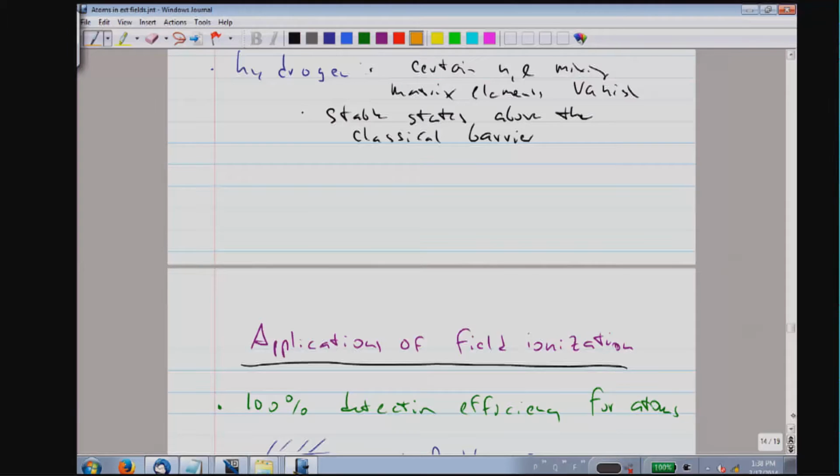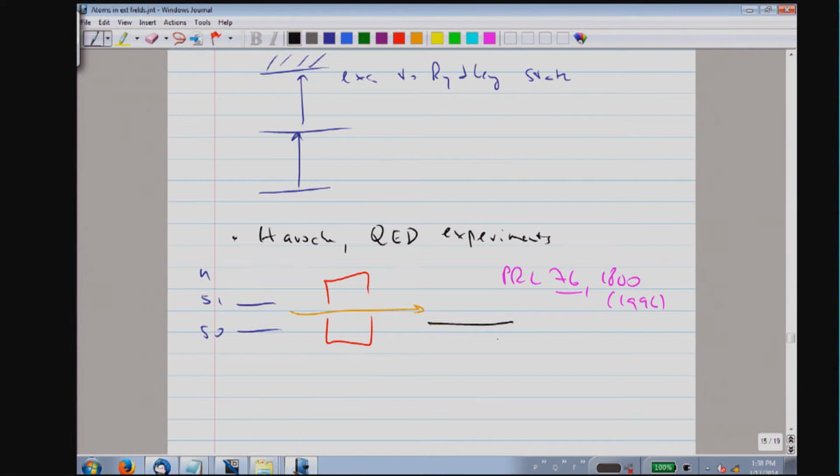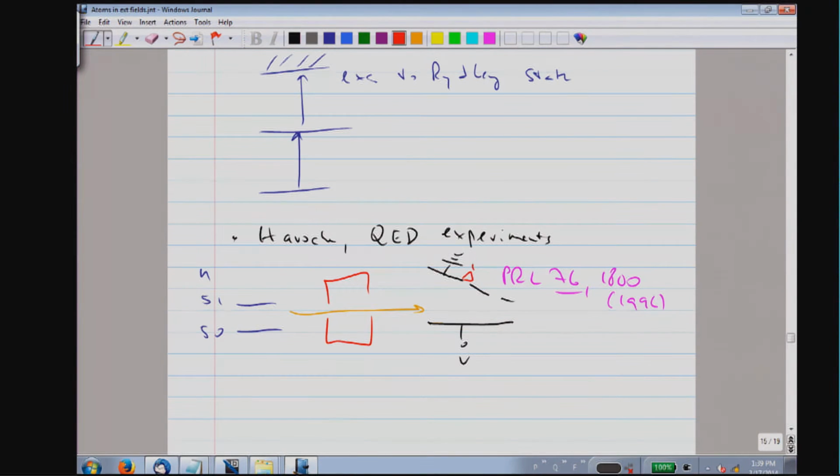So the standard experiment is that you pass those atoms between two field plates, and by putting an angle between them, the voltage is increasing. And then you have two little holes, with some channeltron particle detectors.